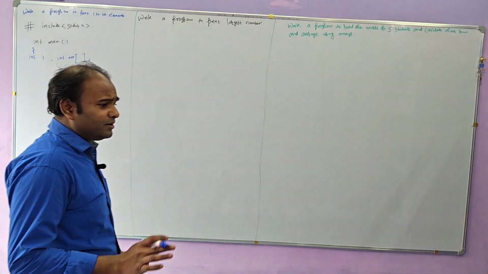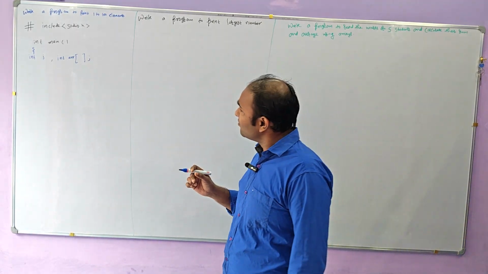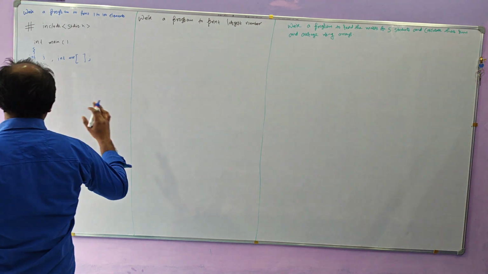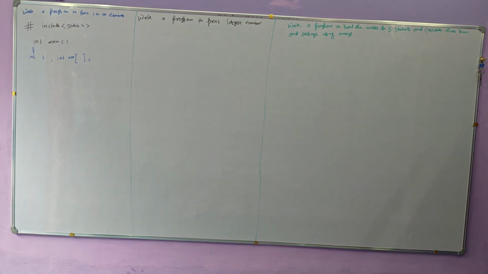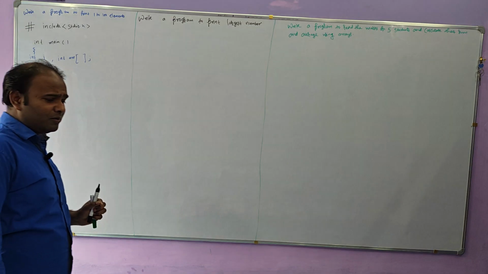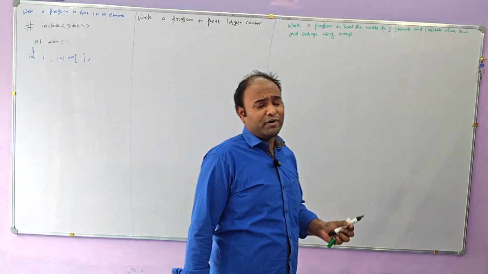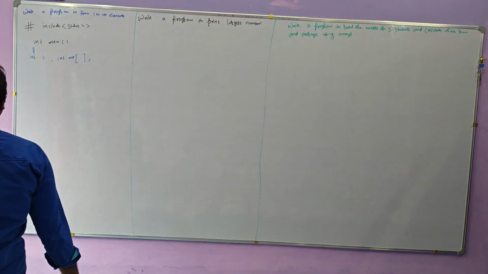We can't take input directly with scanf and we can't print the output directly with printf. We need to use a loop whether we want to take input or print something.